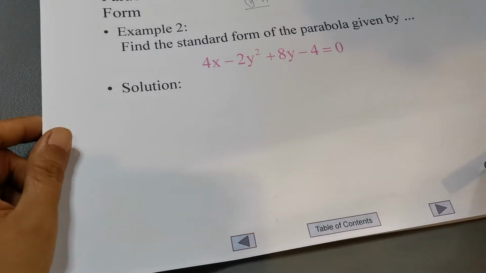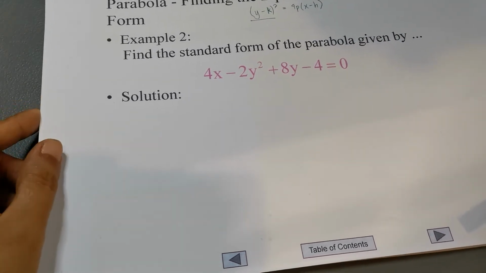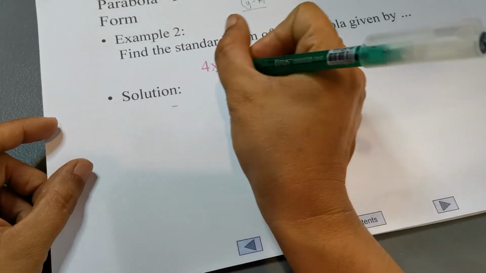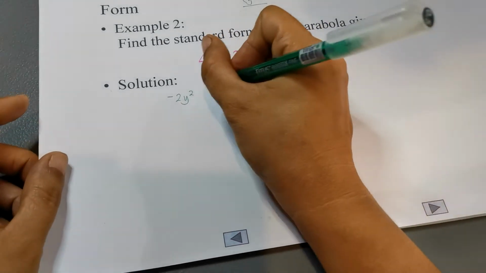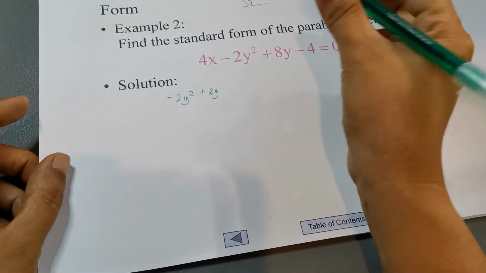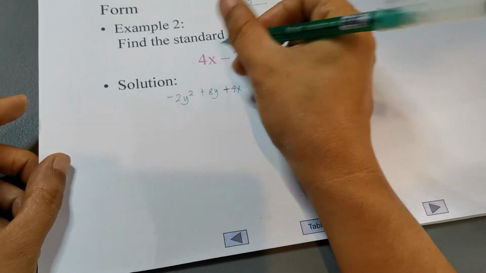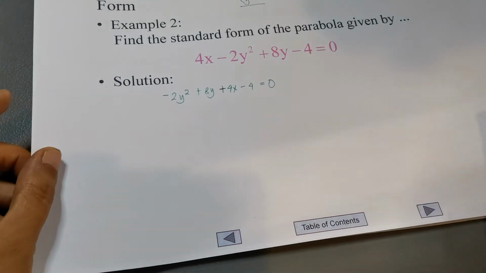The first thing that we're going to do is to group the same variables together. So we have negative 2y squared plus 8y plus 4x, since that is positive, minus 4 equals 0.